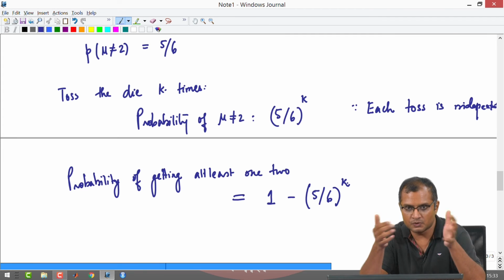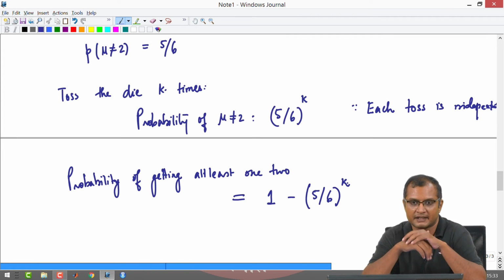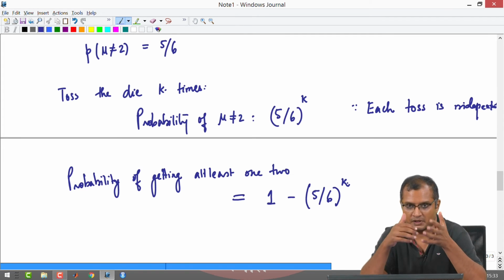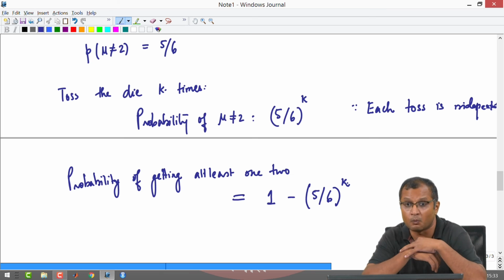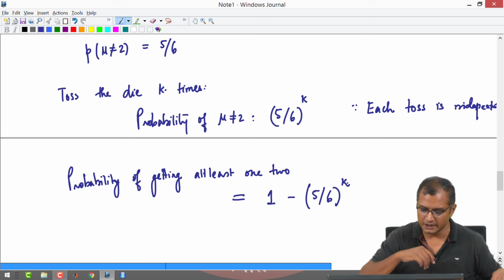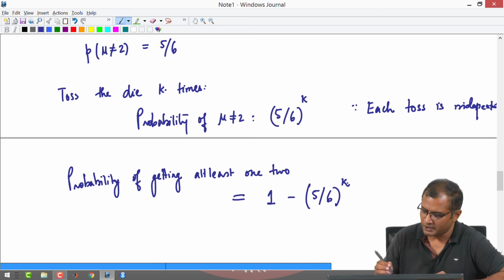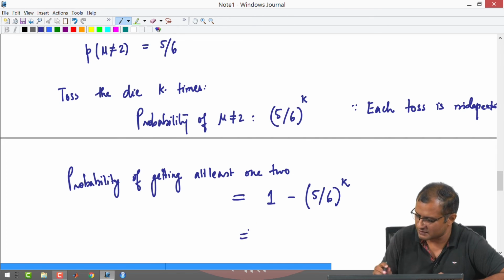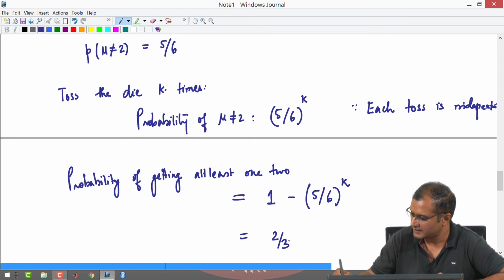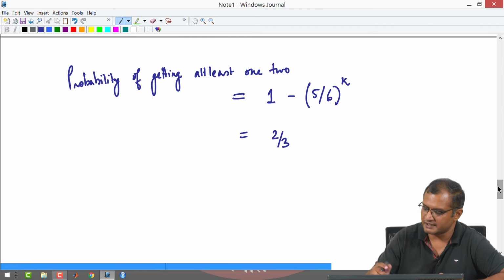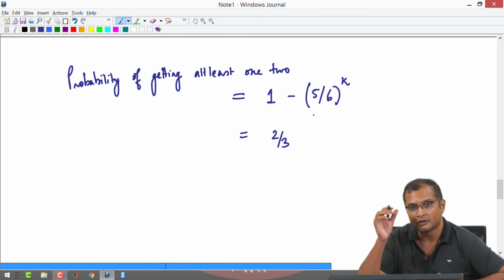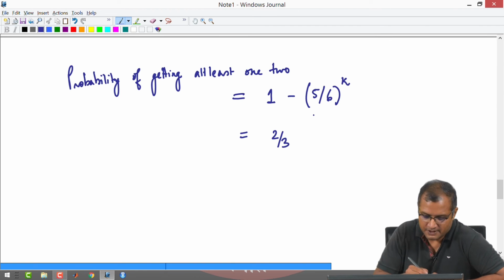The sum of these two regions is your entire sample space, which is denoted here as probability 1. What is given to me is that 1 minus (5/6)^k is 2/3. This is the desired probability of getting at least one 2. Now, I must solve for k.